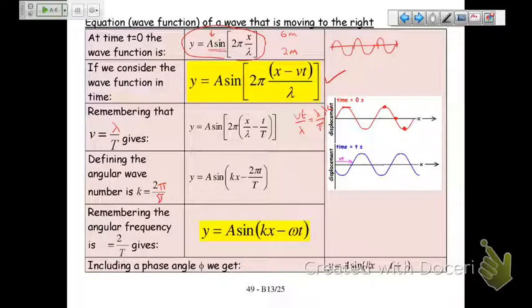Then A sine of kx, k is 2 pi over lambda, good. And omega equals 2 pi f, which equals 2 pi over the period. So 2 pi over lambda is k, so I get kx, and then the time term: the 2 pi goes to 2 pi t over T, and omega equals 2 pi over T. So I do that crunch and I get that equation.